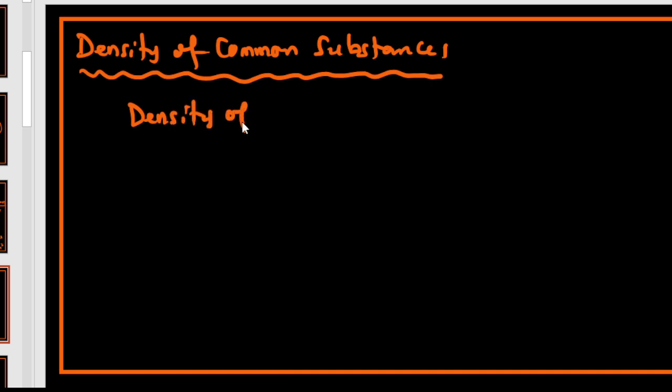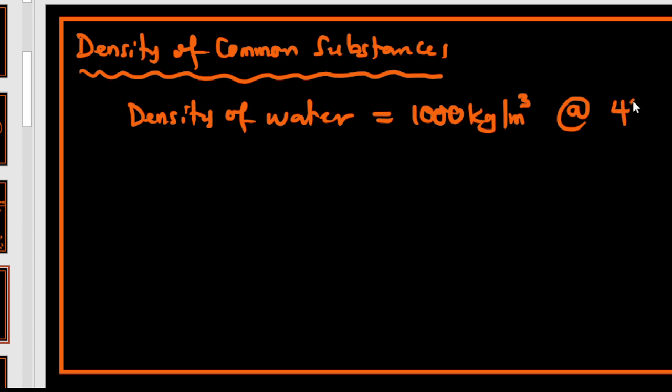So density of water is equal to 1000 kilogram per meter cube. This is the maximum density of water, and this happens at 4 degrees Celsius.